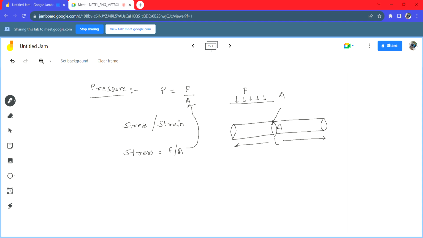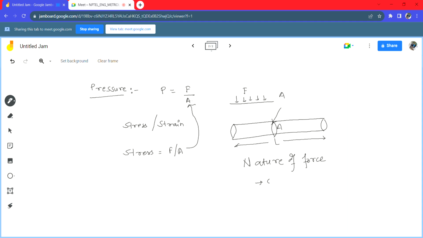Now suppose we apply the force, and the nature of the force varies. Now how does it vary?